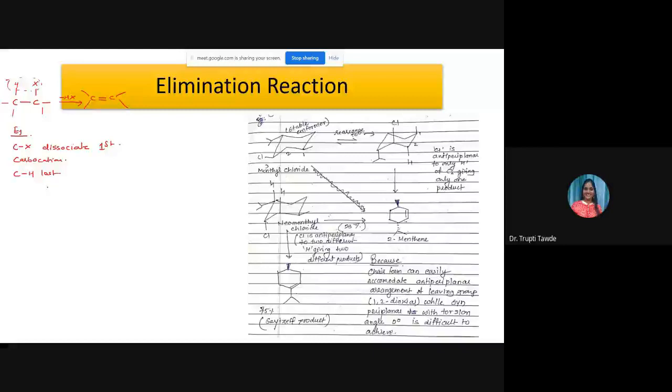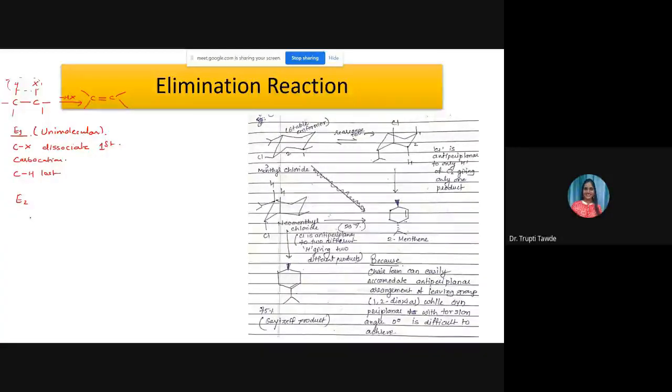So the first sequence is what? The CX bond will break, then there will be dissociation to give the carbocation, and then there will be loss of proton to give the elimination product. Now in the first step there is only dissociation of X. It is a unimolecular reaction.